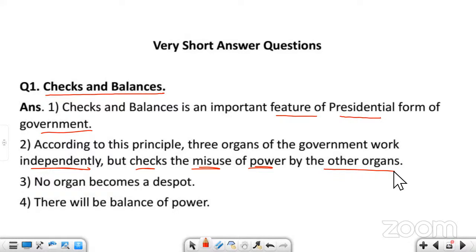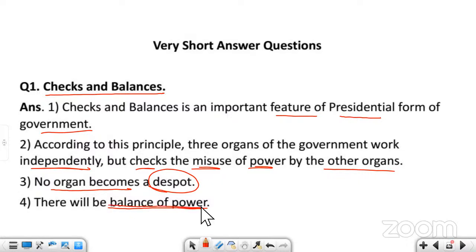So what happens when there is checks and balances? All the 3 organs are working independently. No organ of the government will become dominant, despot. So there will be balance of power. If any organ is becoming more powerful, then there is no balance of power, right?